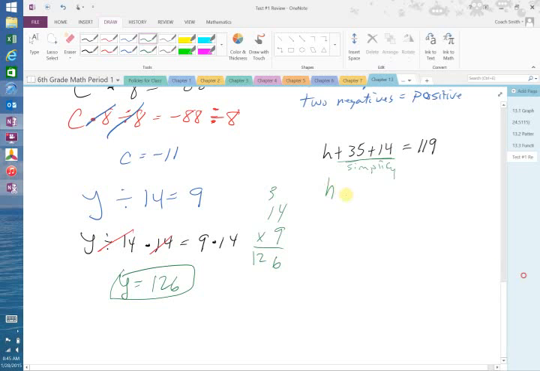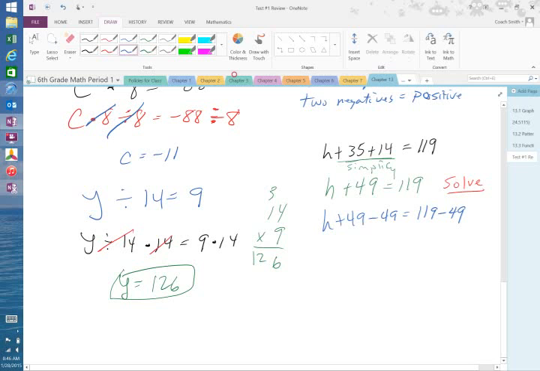So we have h plus 49 equal 119. Now we have to solve. We simplified it. Now we have to solve it. We solve it by doing the inverse, which would mean we take h plus 49 minus 49 equal 119 minus 49.